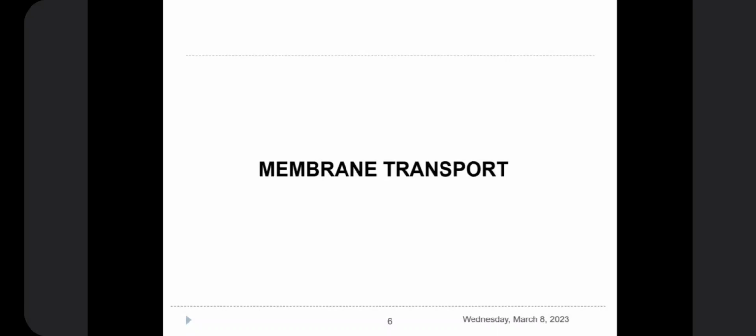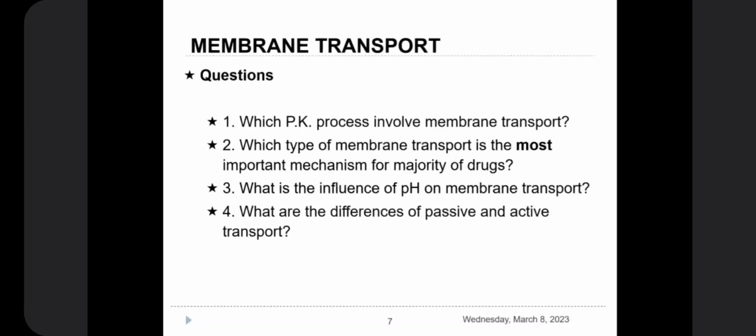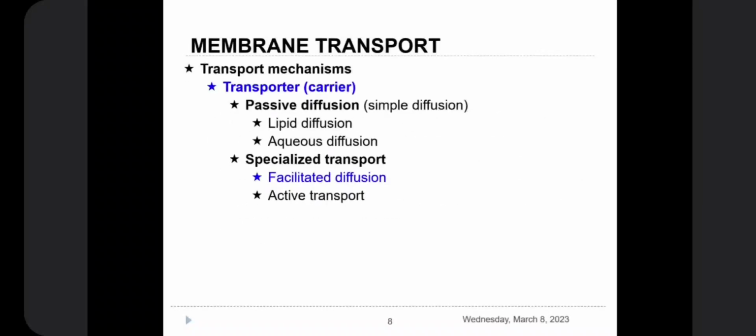Let's review them: absorption, distribution, metabolism, and excretion. Before we talk about the full process, we have to refer to membrane transport, passive and active transport. If you can think about it, we will go on to talk about it.